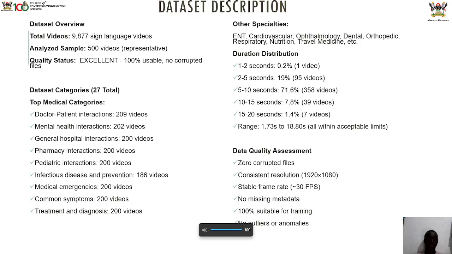All videos are of high quality, 1080 pixels, 30 fps and uncorrupted. But among all these, only 27 are medical related, such as doctor-patient interactions, mental health, infectious disease, emergencies and treatments. The duration of most of these is 5 seconds, perfect for real-world signing.